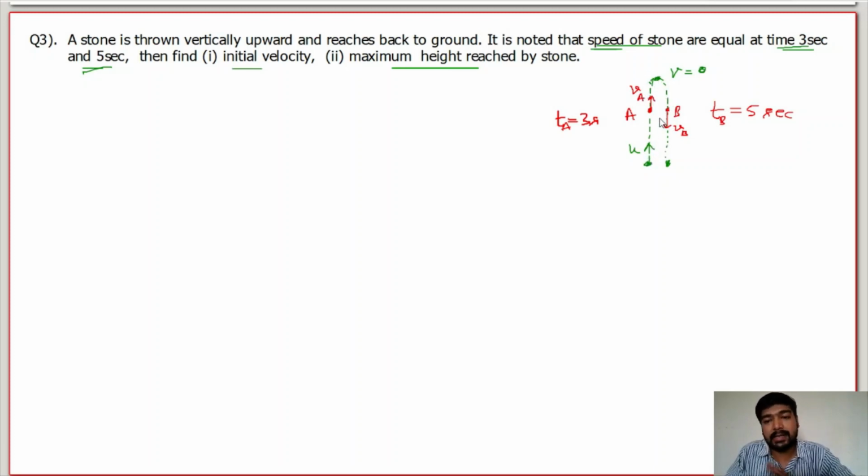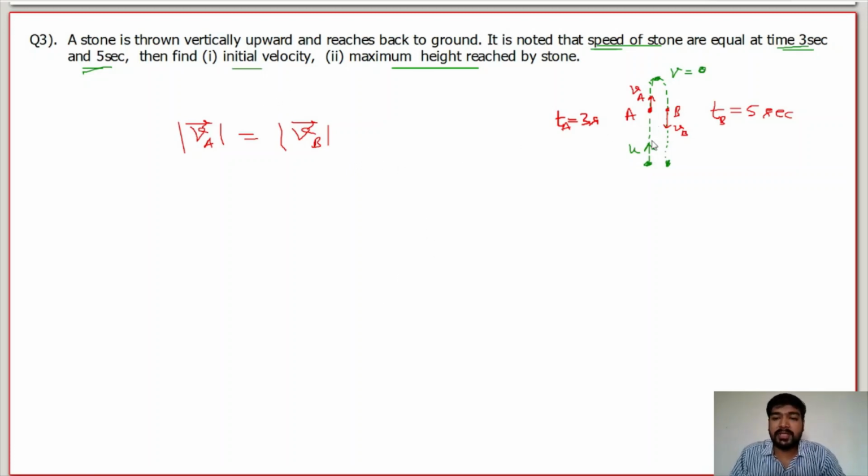So the velocity magnitudes are equal at these points, as the question says, and the times at these points are given. Clear? Now we have to find the initial velocity here. Let's try to solve this question.